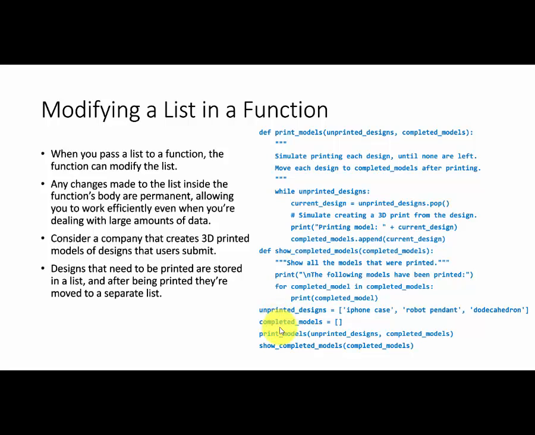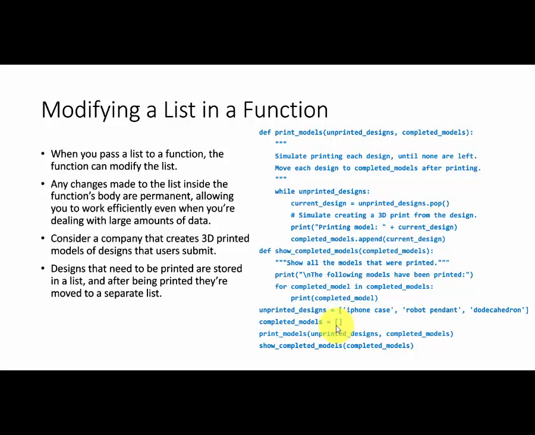So let us see here. I have this line, unprinted designs. Inside this I have a list like iPhone, robot pendant and dodecahedron. And another empty list I have is completed models.